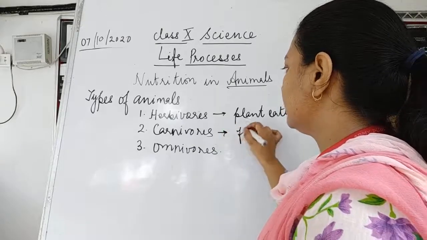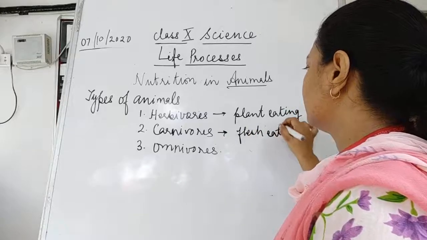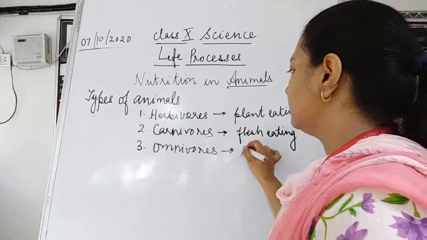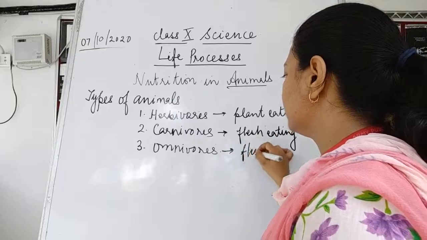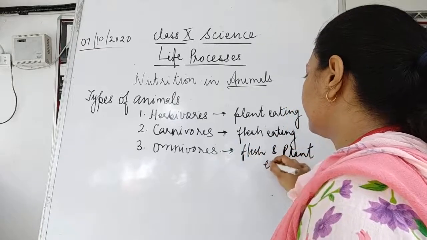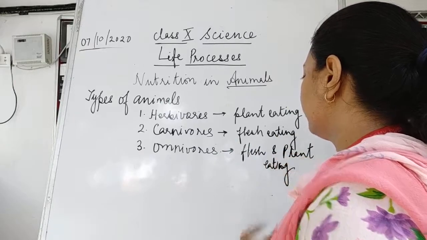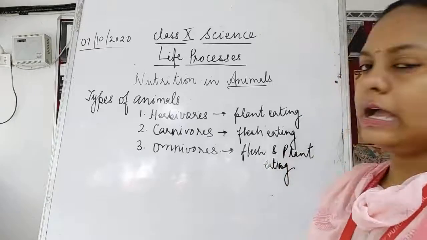Carnivores are the flesh eating animals, and omnivores eat both flesh and plants.